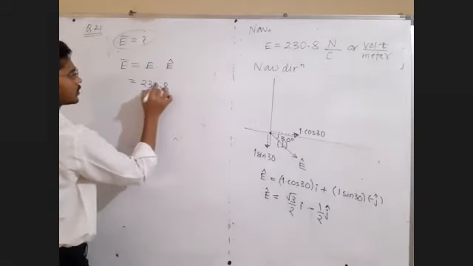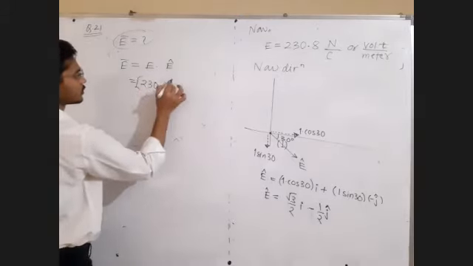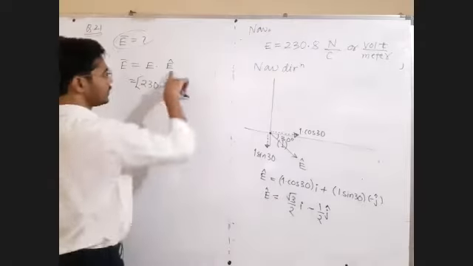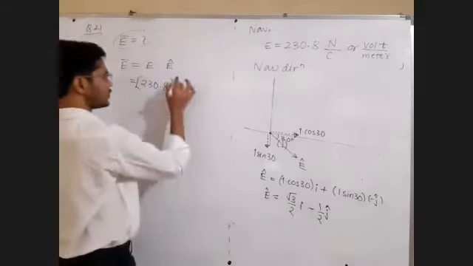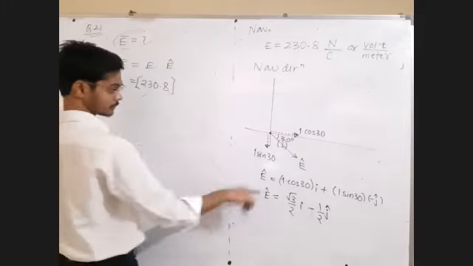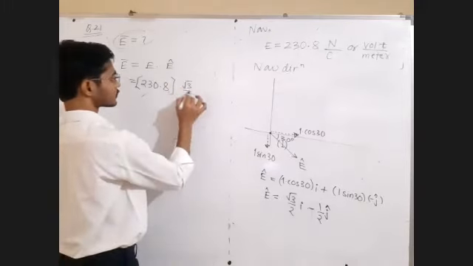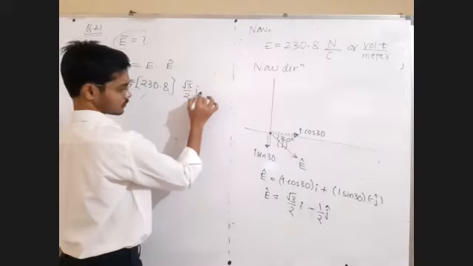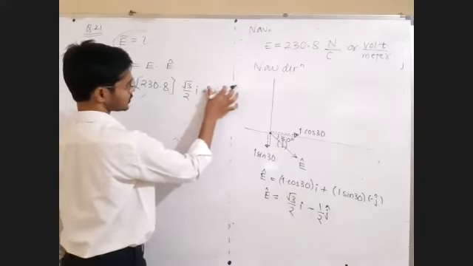Magnitude is 230.8 multiplied by E cap. E cap is the unit vector of electric field. Plus nahi sir, minus.